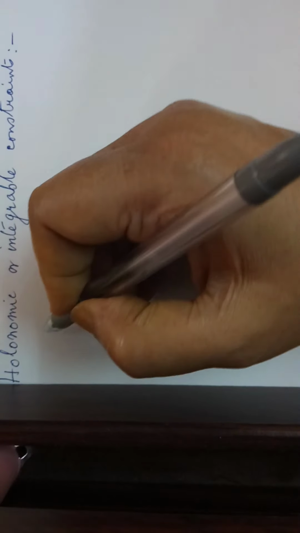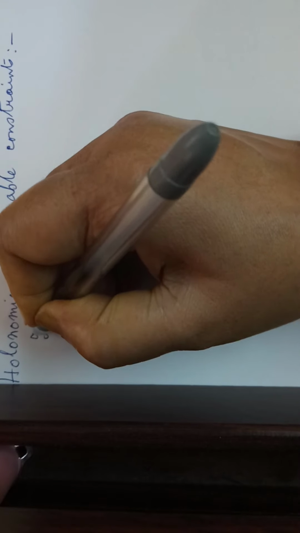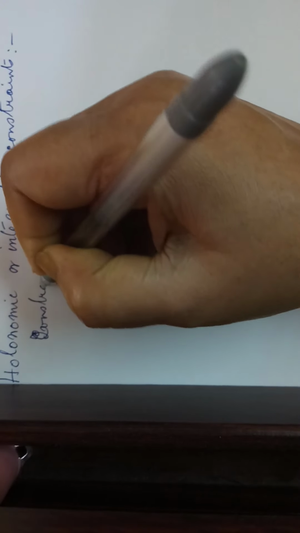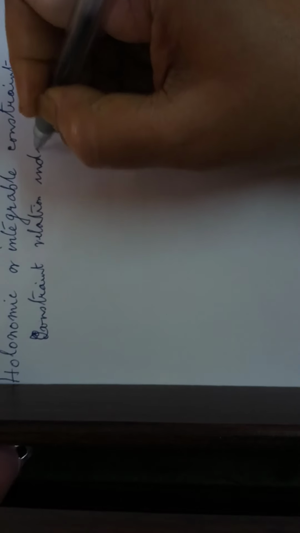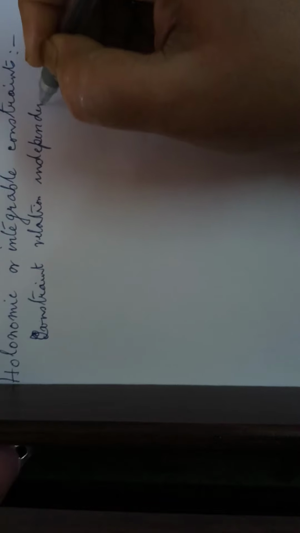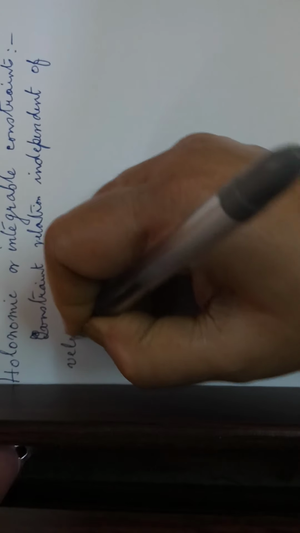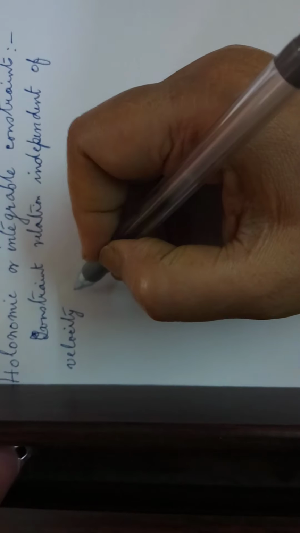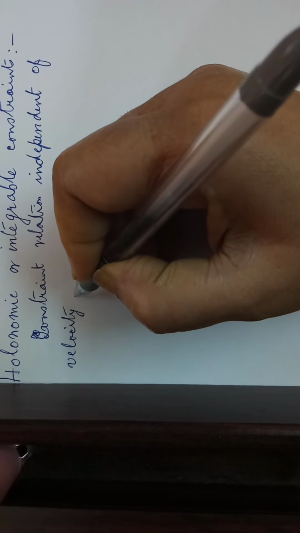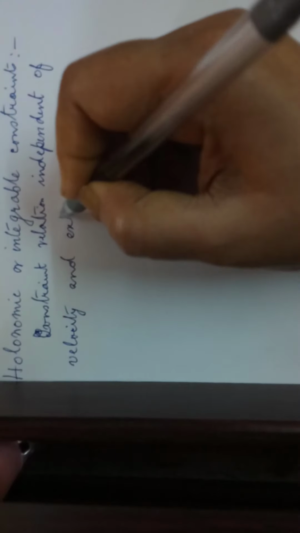If a constraint relation is independent of velocity, that is the main definition of a holonomic or integrable constraint.